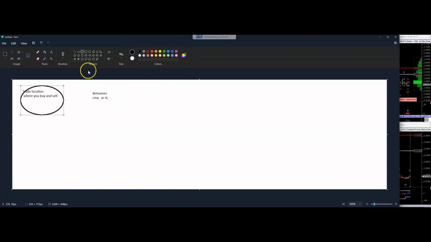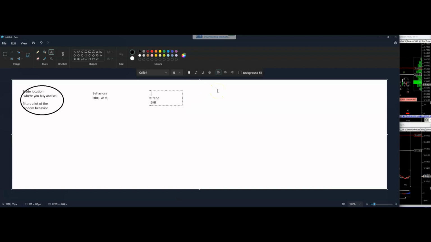What does that mean? It means that trade location is not only where you buy and sell, but it filters a lot of the random, ununderstandable random behavior. Always keep your eye on these two things first and foremost.